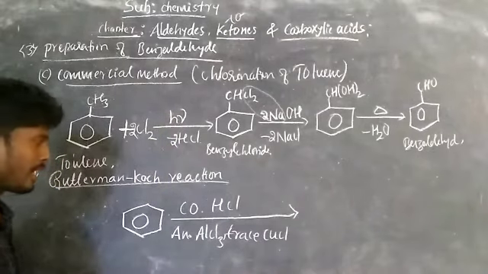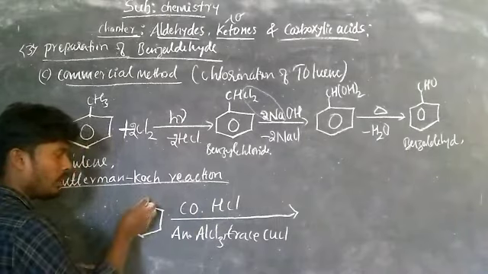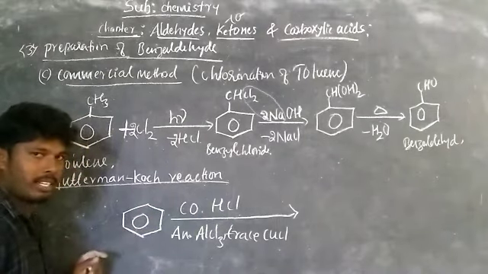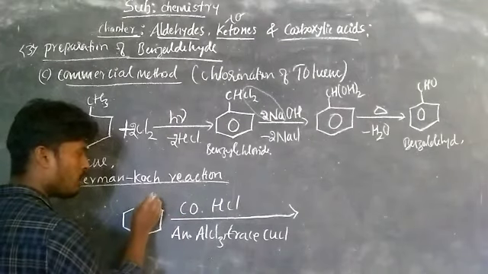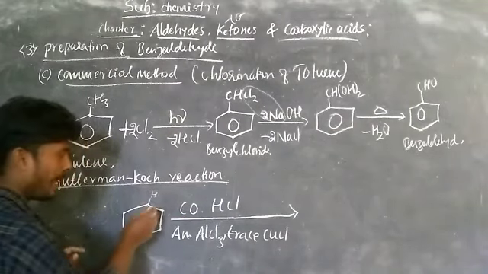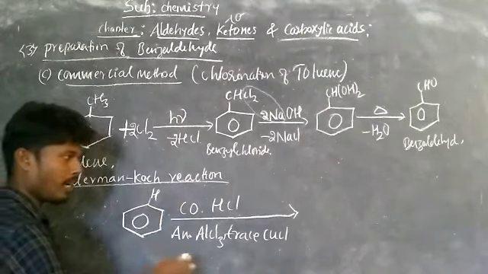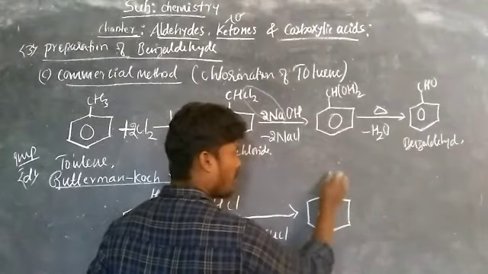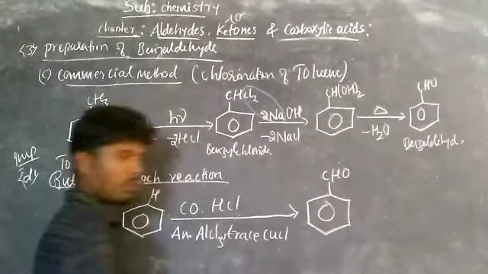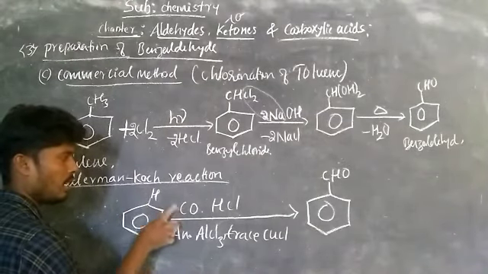Under this condition, the CO is added to any one of the carbons of the benzene ring. On the benzene ring, wherever there is a hydrogen, CO is added in place of that hydrogen, giving CHO. Benzene bonded to CHO.